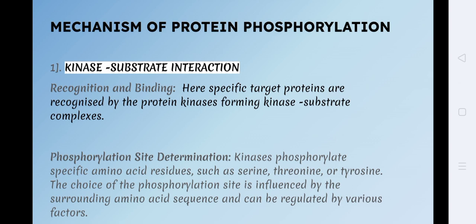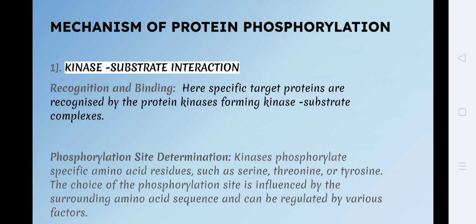Then, these kinases phosphorylate specific amino acids such as serine, threonine, and tyrosine. But this choice of phosphorylation site is influenced by the amino acid sequence which is present around it, and it can definitely be regulated by various factors.